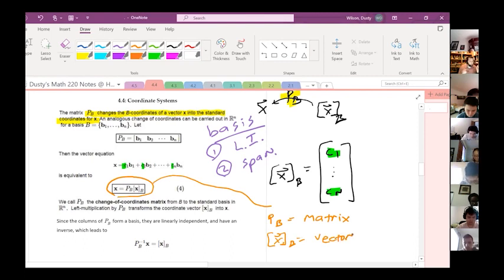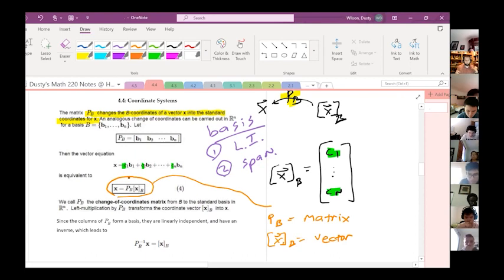So if I think about how I would type this statement, I would need a P, and then a subscript B, and then a bracket, and then an X with an arrow over the top of it, and then an end bracket, and then a B with a subscript. So that's 1, 2, 3, 4, 5, 6 characters that I have to type, plus some formatting. But all it's saying is matrix times vector.